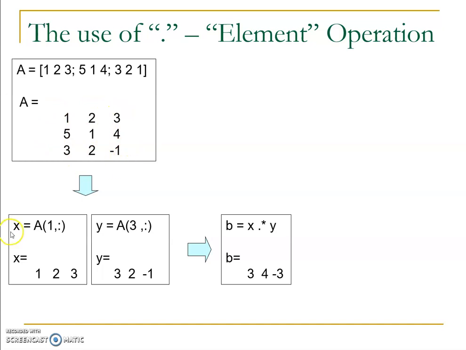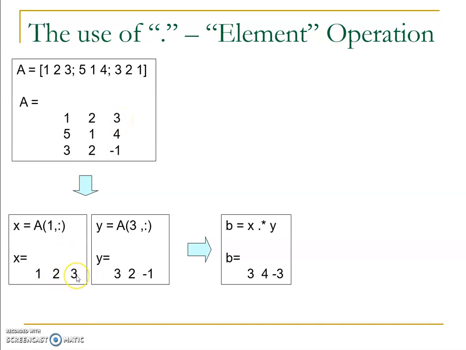Now, if I specify x is equal to A in the bracket 1, comma, colon, it specifies the first row and how many columns? It specifies all the columns, because it's not specified which particular column is to be printed. And so your x becomes 1, 2 and 3: first row, all columns.